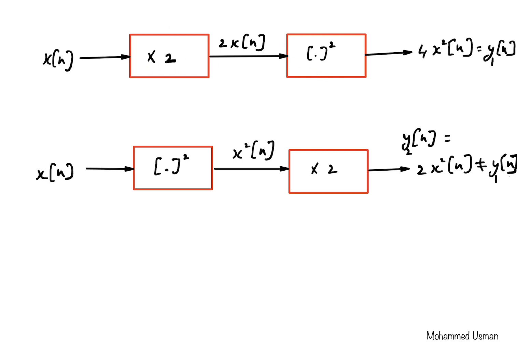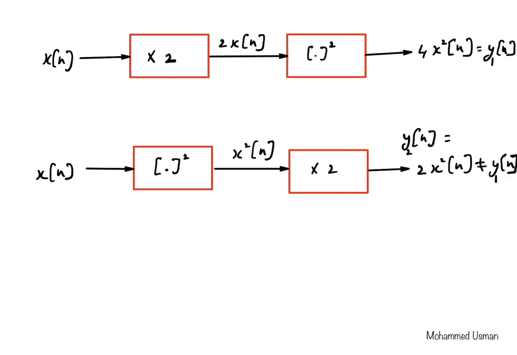What is happening here is that the two subsystems are doing the same operations on the input, but we have simply changed the order of those two systems. Changing the order in this case is not giving us the same result. Okay, so therefore changing the order of the subsystems when they are in series is not applicable if there is nonlinearity, because here squaring is a nonlinear operation.